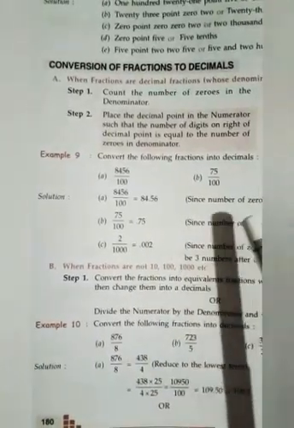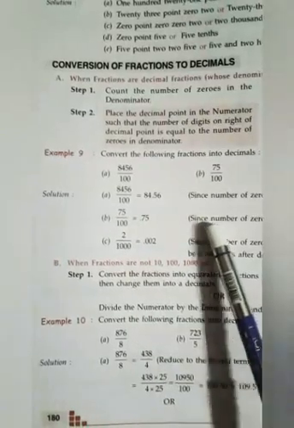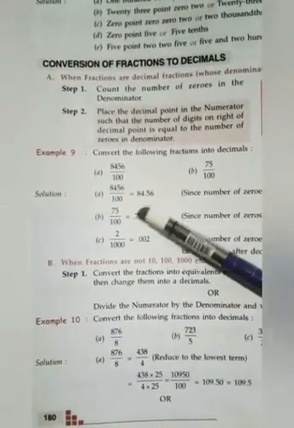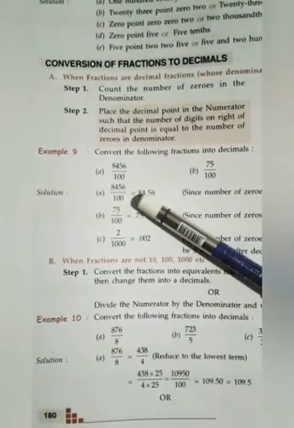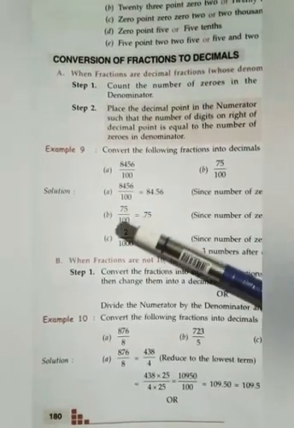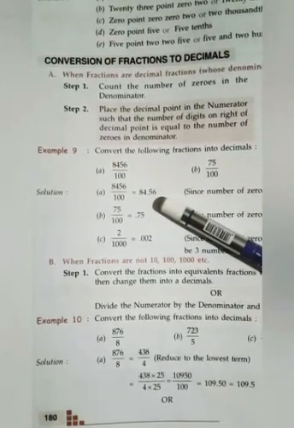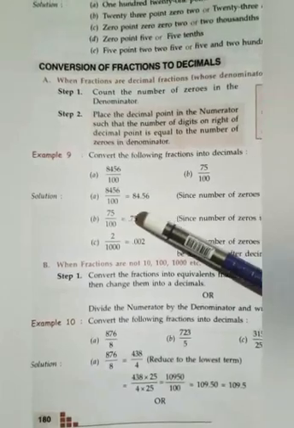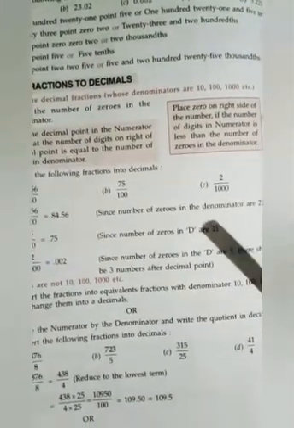Convert the following fractions into decimals. Children, here you see the denominators are 100. So first you write like this, 8456 by 100. Here, children, you mark 2 zeros are there. So we have to put the point from the right side after 2 digits. So 84.56, since the number of zeros in the denominator is 2.